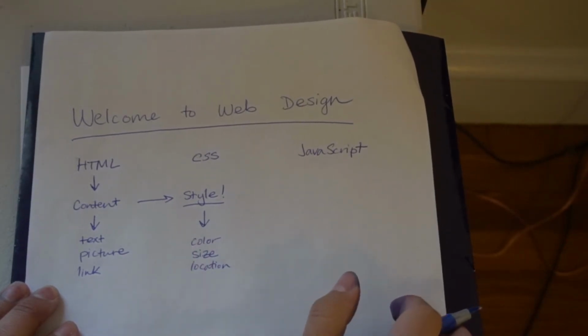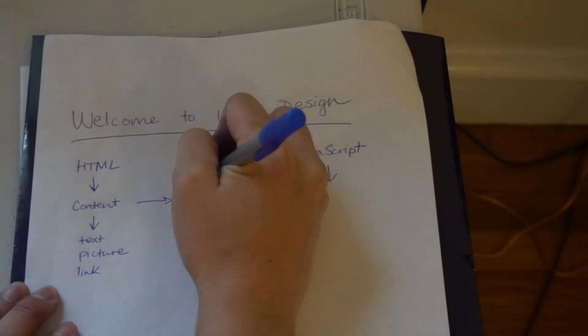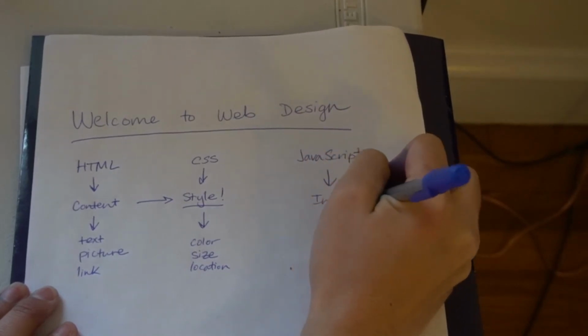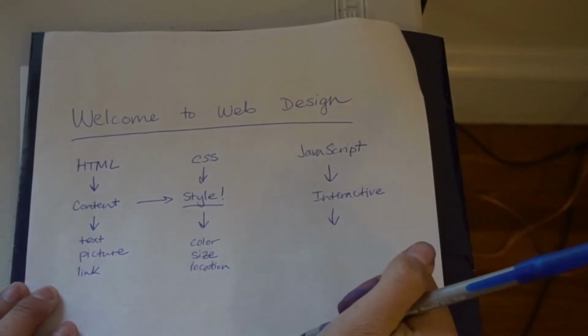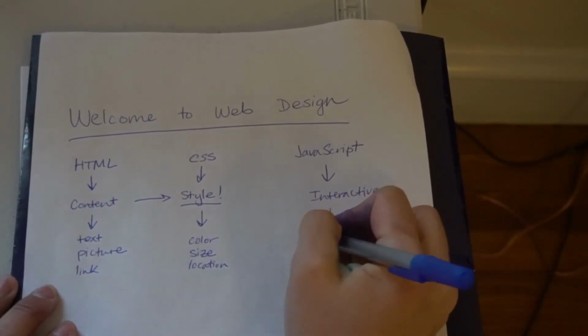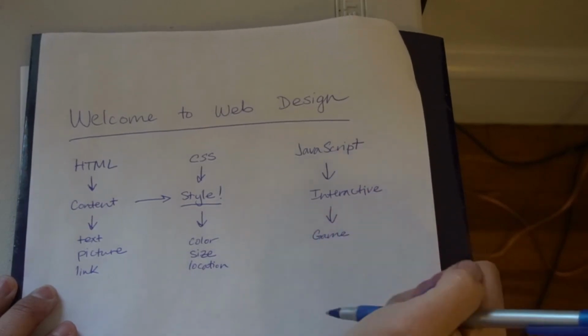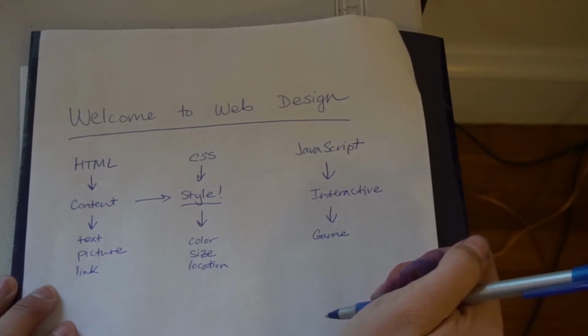Now JavaScript makes things interactive. So for example, the classic example of where you're going to need JavaScript if you have a web page is something like a game, right? If you want to play any kind of game. But if you want to have something where your user makes something happen, you are going to want to use JavaScript.